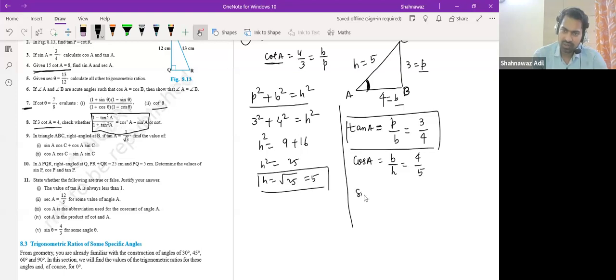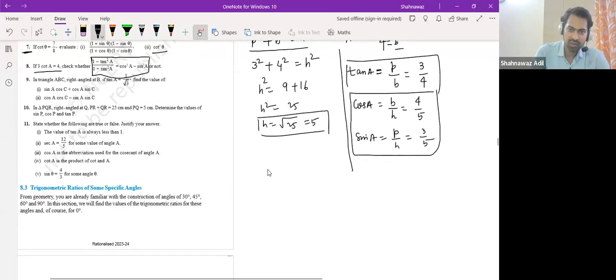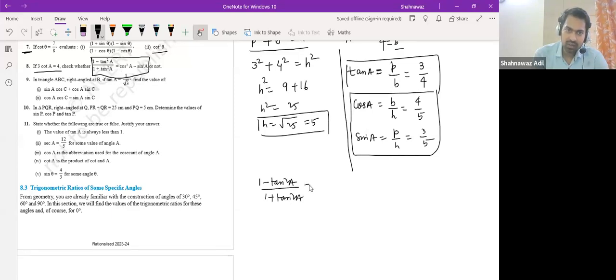And then sin A is p by h, which is 3 by 5. So now we have all the ratios in the question, and they want us to calculate 1 minus tan square A divided by 1 plus tan square A, and whether this is equal to cos square A minus sin square A.